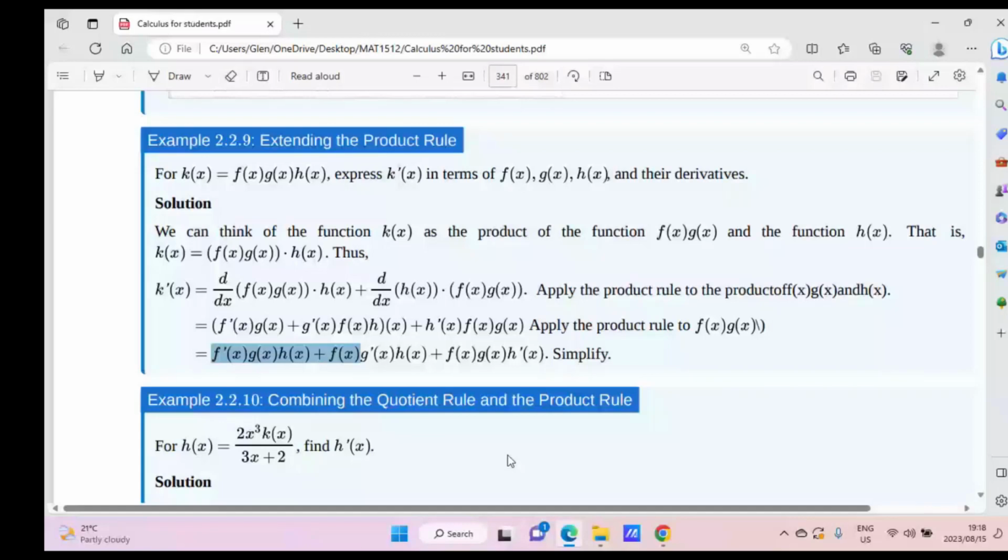Let me write your name alongside your answer. 6x to the power 4 multiplied by k prime of x, plus 18x squared k of x, plus 12x k of x, minus 4x cubed, minus 6x cubed k of x, all over (3x plus 2), everything raised to the power 2.